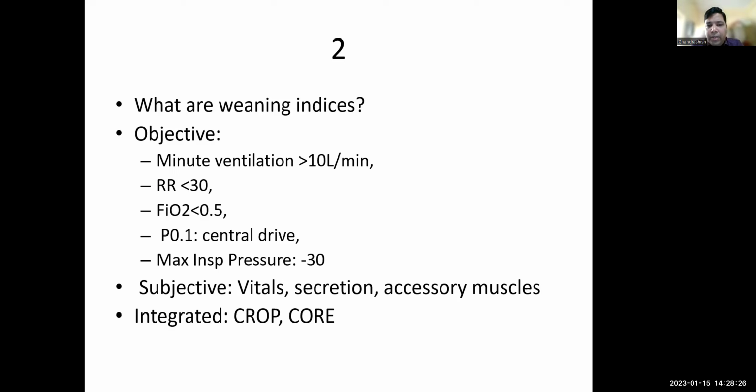If you are not sure whether this patient has enough breathing drive, for example, patients who have neurological, particularly CNS, central nervous system problems, you can check the central drive by doing a P0.1 test. And some patients may not generate good inspiratory pressures.